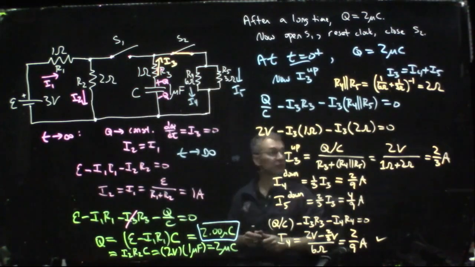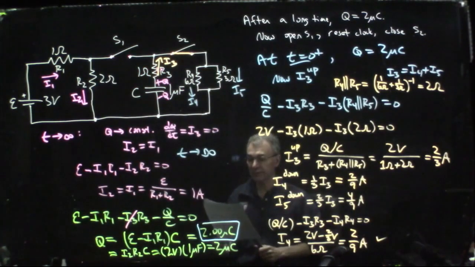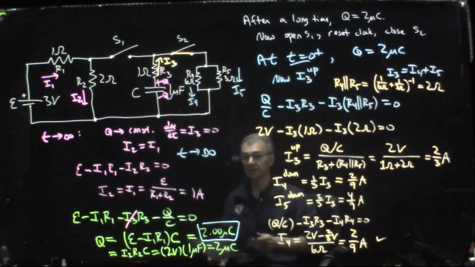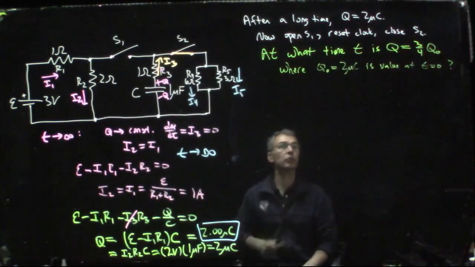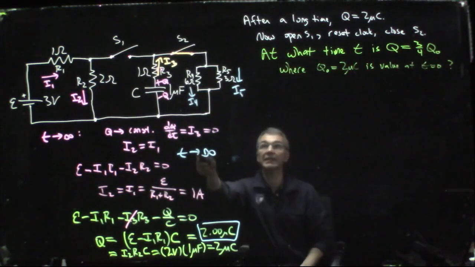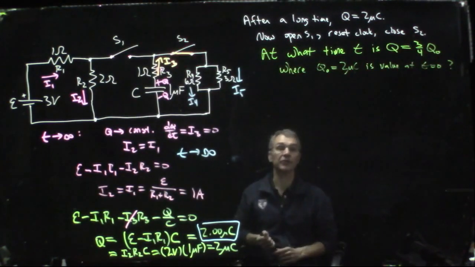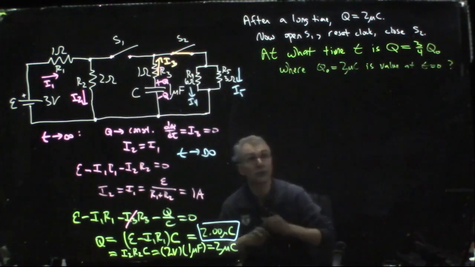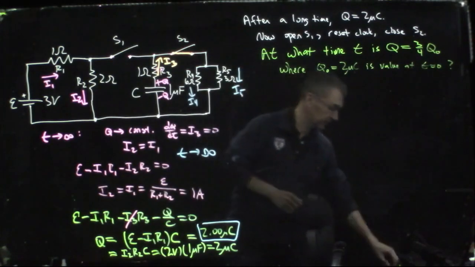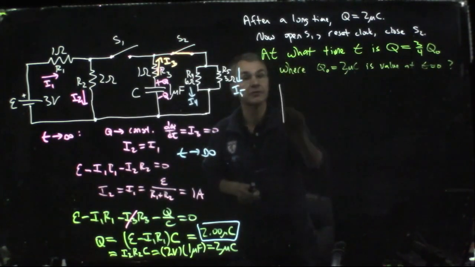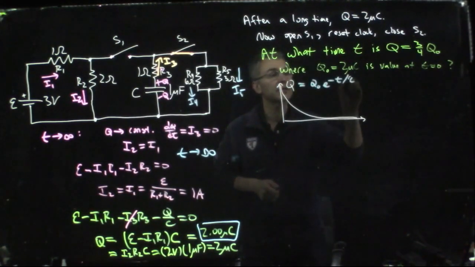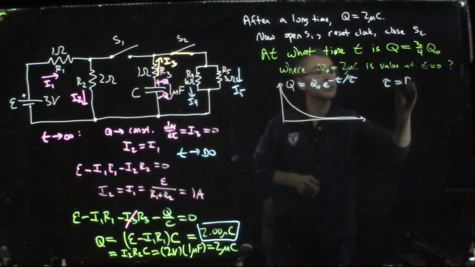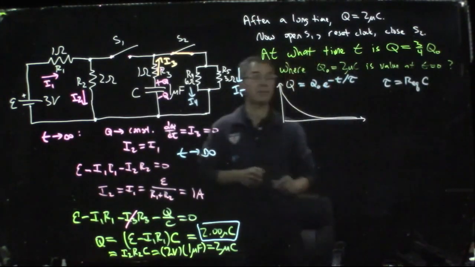Then one more part of this question is, at what time is Q equal to 3/4 of this value? So at what time t is the charge in the capacitor 3/4 of the value that it had immediately after we closed switch S2? So we know that the charge on the capacitor is going to follow a curve that looks like this. So this is Q equals Q initial e to the minus t over time constant. Time constant is going to be some equivalent resistance times this capacitance.